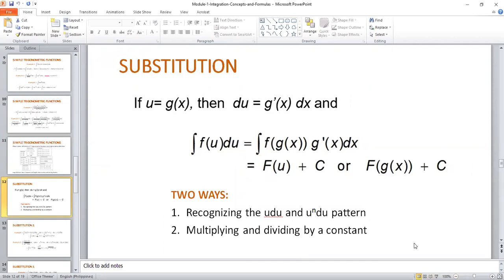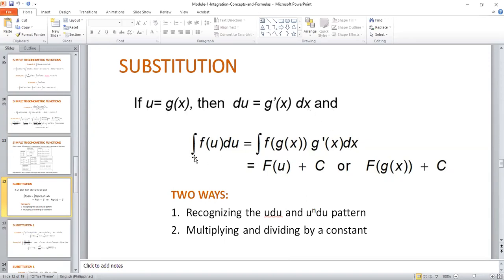So if u is equal to g of x, then we say du is equal to g prime of x dx. You get the derivative of the left side, that's du, and the derivative of the right side, g of x is a general representation, so its derivative is g prime of x dx.